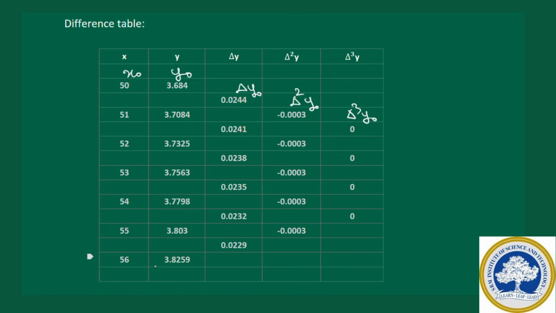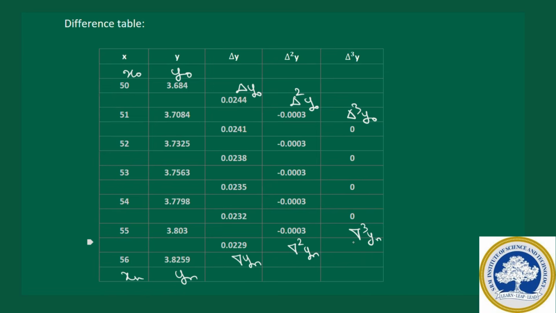Similarly, all the last values are considered as xn, yn, and then del yn, del square yn, and del cube yn.